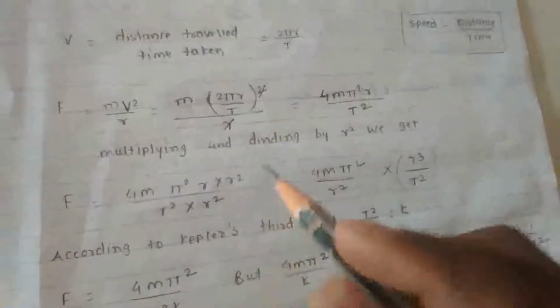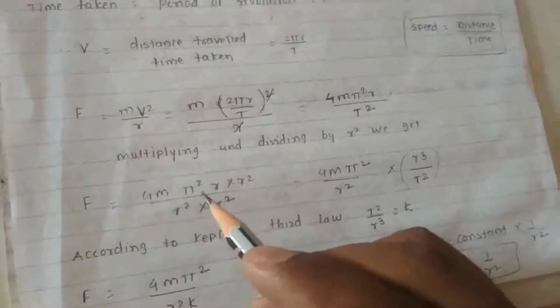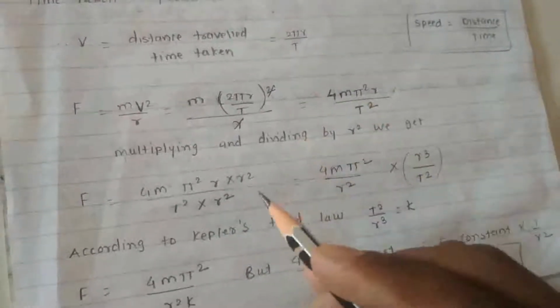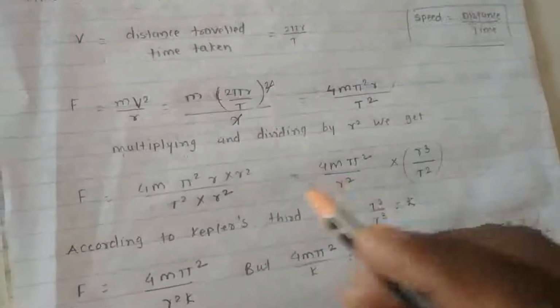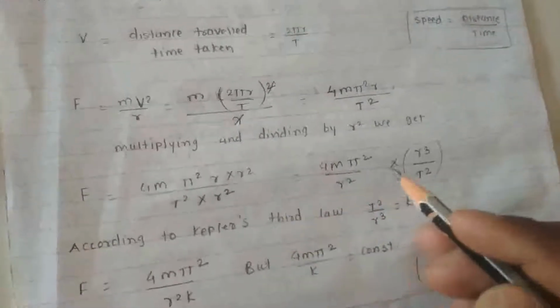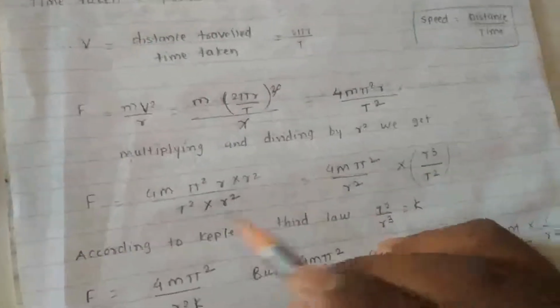Next, multiplying and dividing by r square, we get 4m pi square r into r square divided by T square into r square. Therefore 4m pi square divided by r square multiplied by r cube divided by T square.